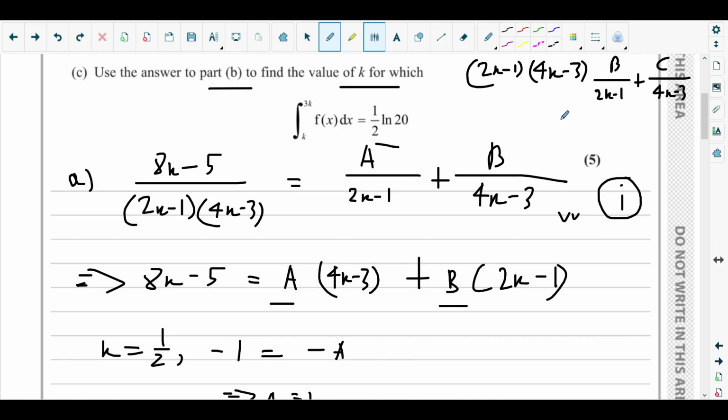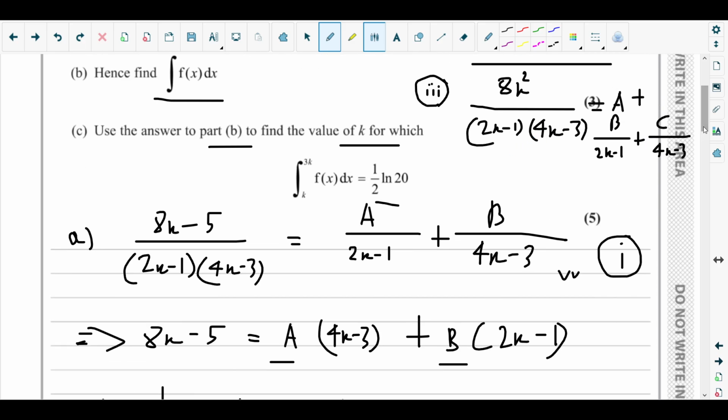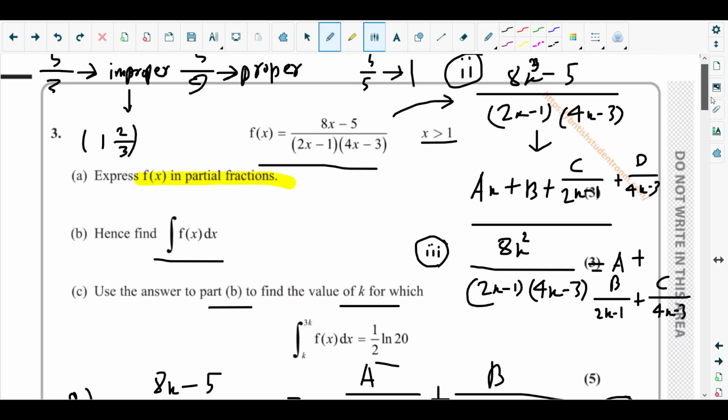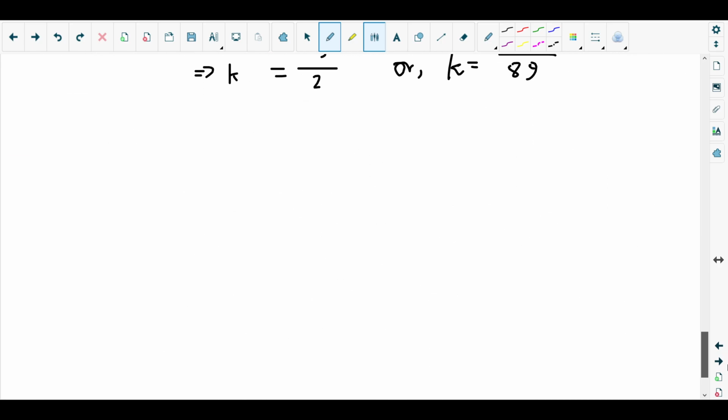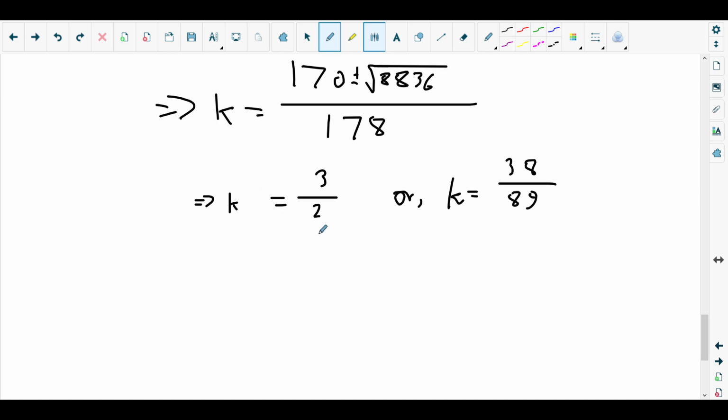Looking at the two values, k equals 3 over 2 and k equals 38 over 89, which one seems more acceptable? Definitely 3 over 2, because it seems to be more even.